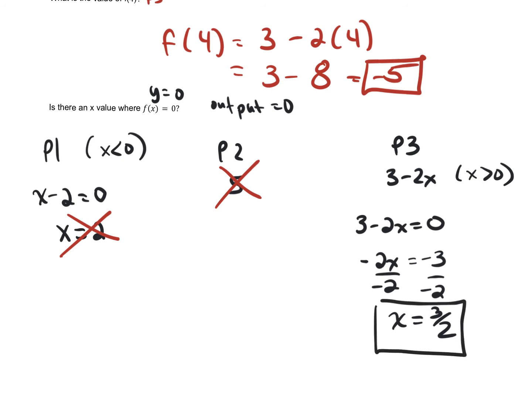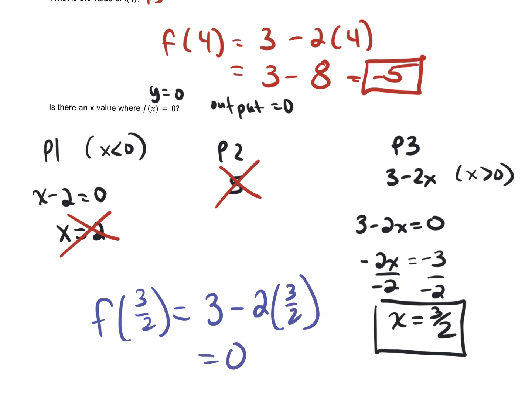So the only input that would give us 0 is 3 halves because f of 3 halves would get plugged in to the third piece, which is going to be 3 minus 2 times 3 over 2, which gives us 0. So if you have a given input, you can find the output, or if you have an output, a little different in piecewise because you have to figure out which piece it is, but we can very simply figure out what that value is.